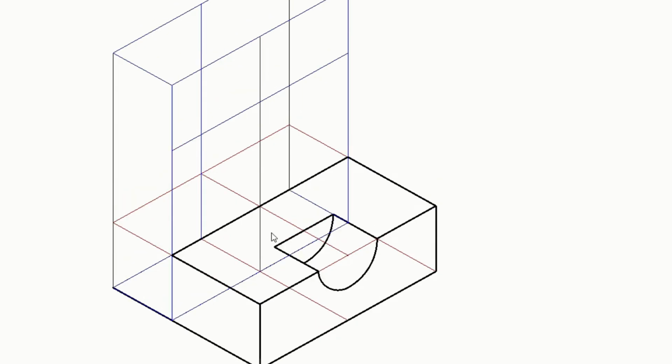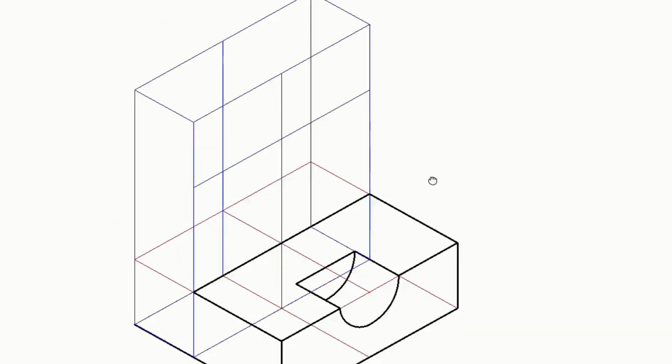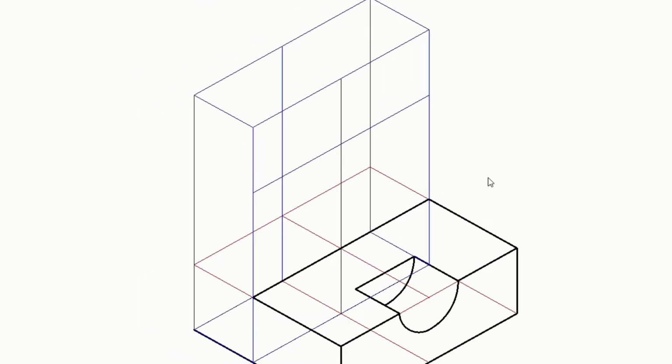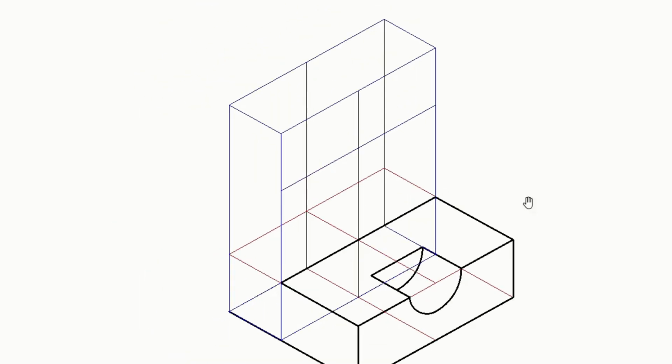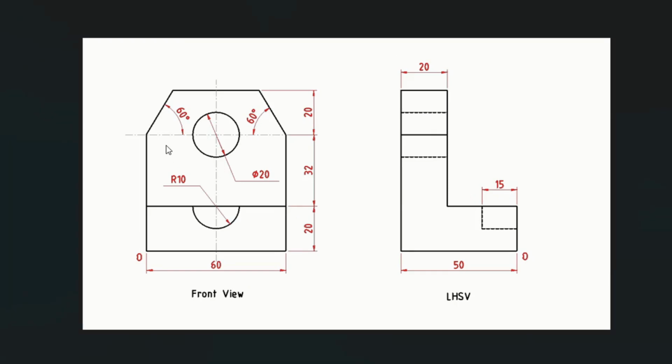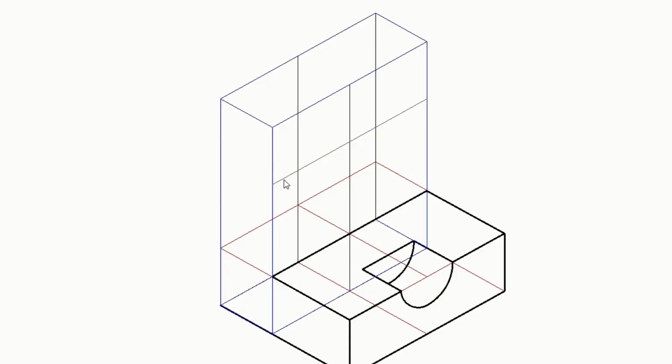Now coming to the wall and the construction related to the wall. As I mentioned earlier, the wall or the vertical part of it runs until 20 plus 32, and then thereafter it is 60 degrees toward. So we don't have this dimension, but we can draw the vertical straight lines right now, and this is the line up until we will have those lines, because this is 20 mm from the top.